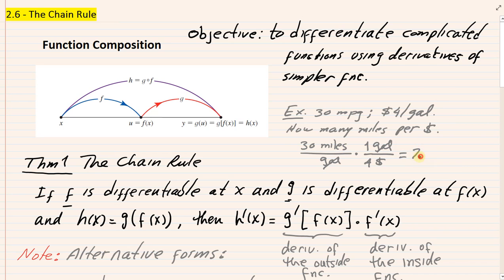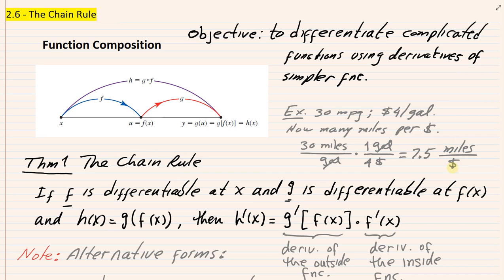That's going to be 7.5 miles per dollar. We never thought about it. We usually think in terms of miles per gallon, but for each dollar, how many miles can you drive? There you go, 7.5 miles per dollar.